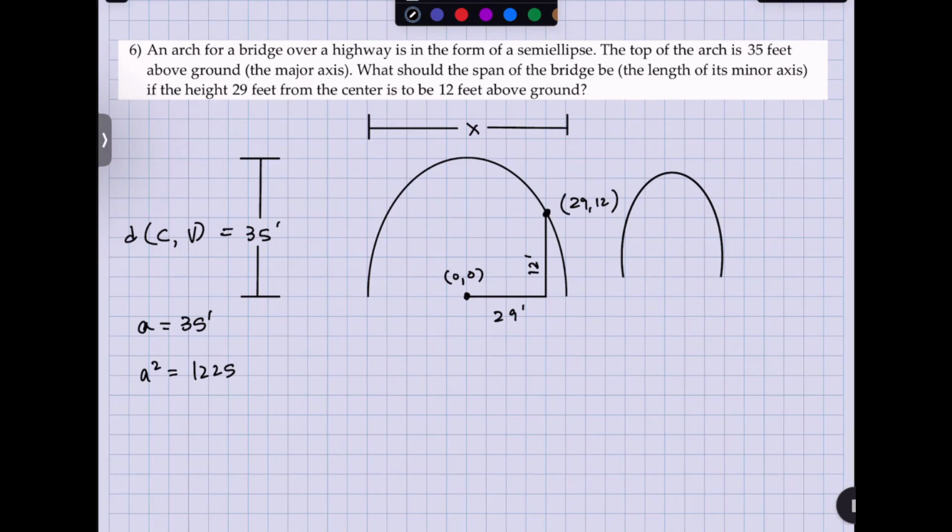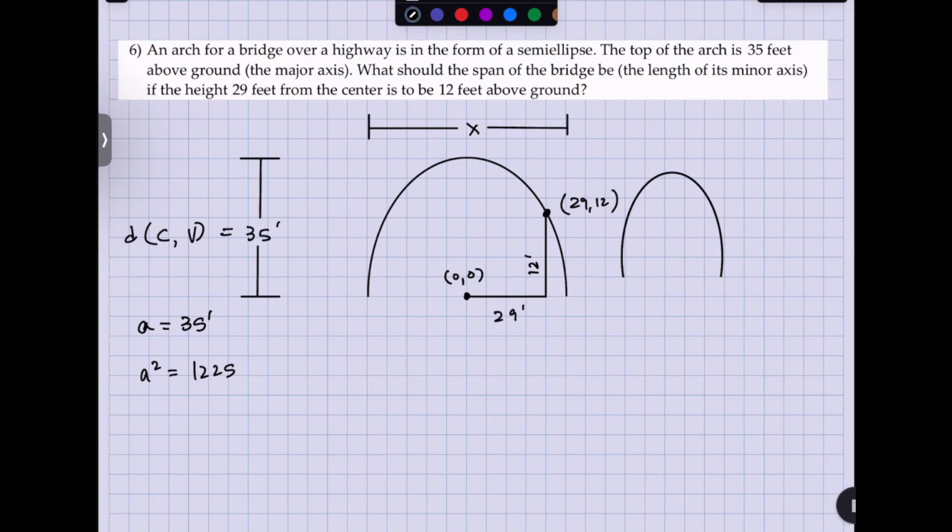Hey. I plugged in 29 and 12 for X and Y, and then I just had B, and I was trying to find B. That's how I'm trying to figure it out. So I'm assuming that the center is 0, 0.